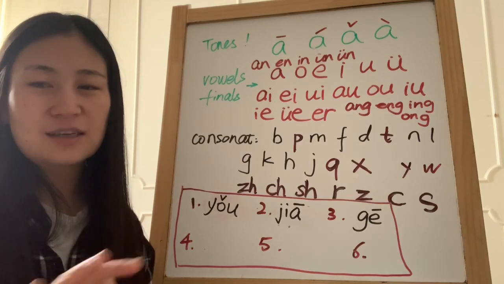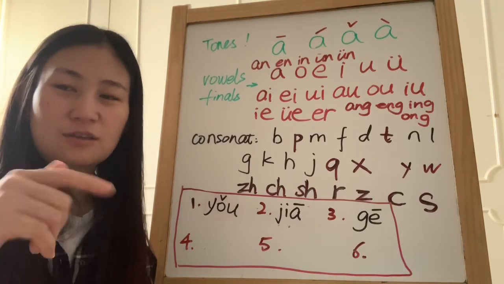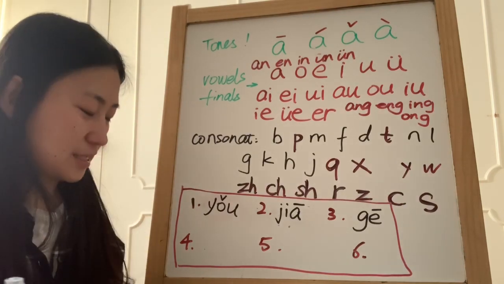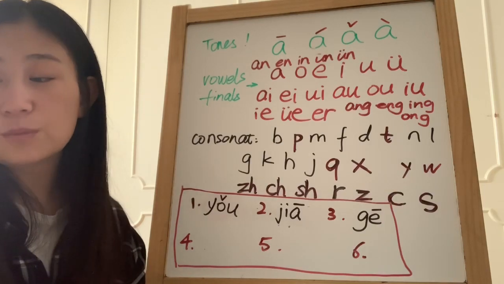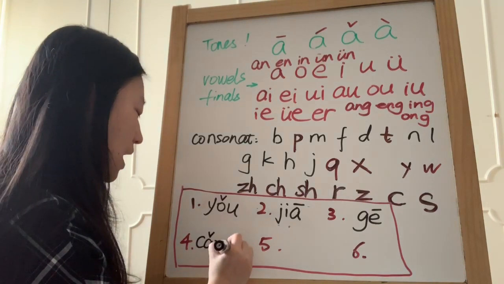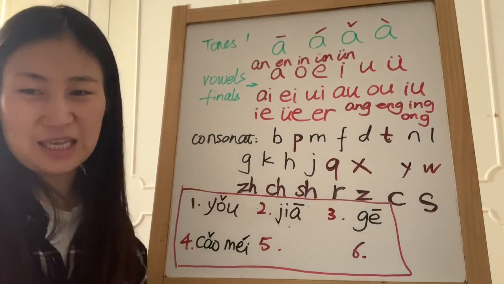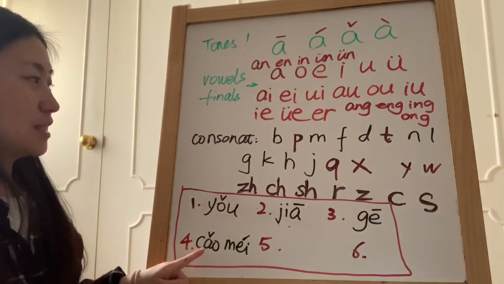If you can't finish, you can stop the video, and when you finish, you can continue watching the video, okay? Alright, now let's see the right answer. Alright, the first one was 草莓. It's a fruit. Strawberry. 草. Okay, remember?